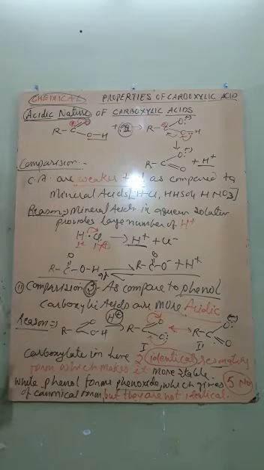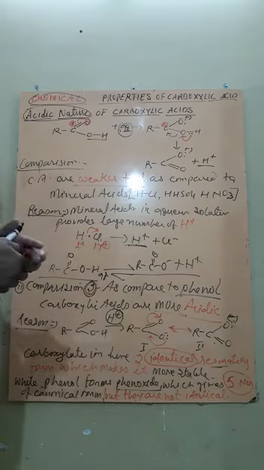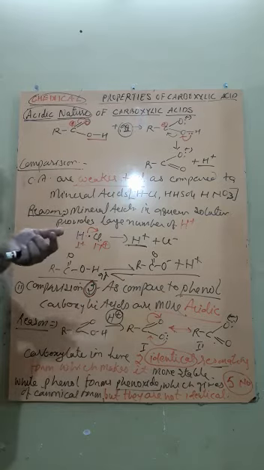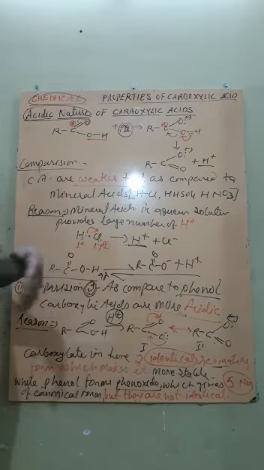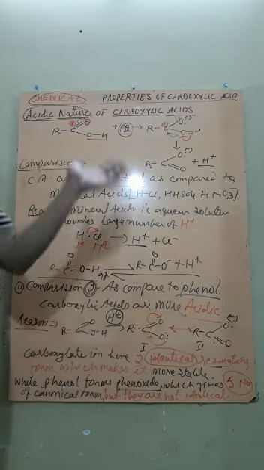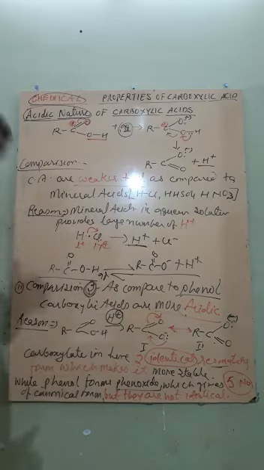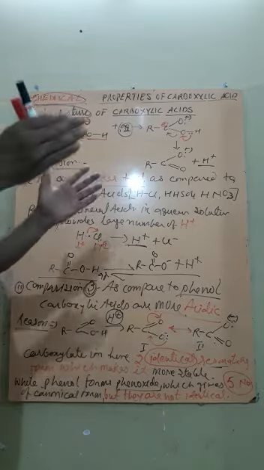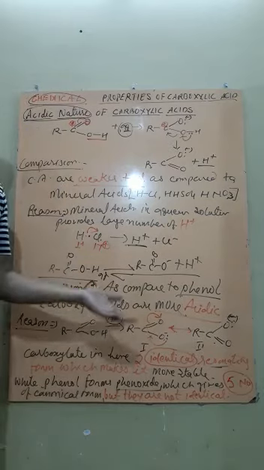Are you getting? Student, actually there is much more to do about the acidic nature of carboxylic acid. Like here, if we attach an electron releasing group or an electron withdrawing group in carboxylic acid, then they will affect the acidic nature of carboxylic acid, which we will deal with in the next video and next class. Till then, work out how the electron releasing group and the electron withdrawing group, if attached to the carboxylic acid, affect its acidic nature.